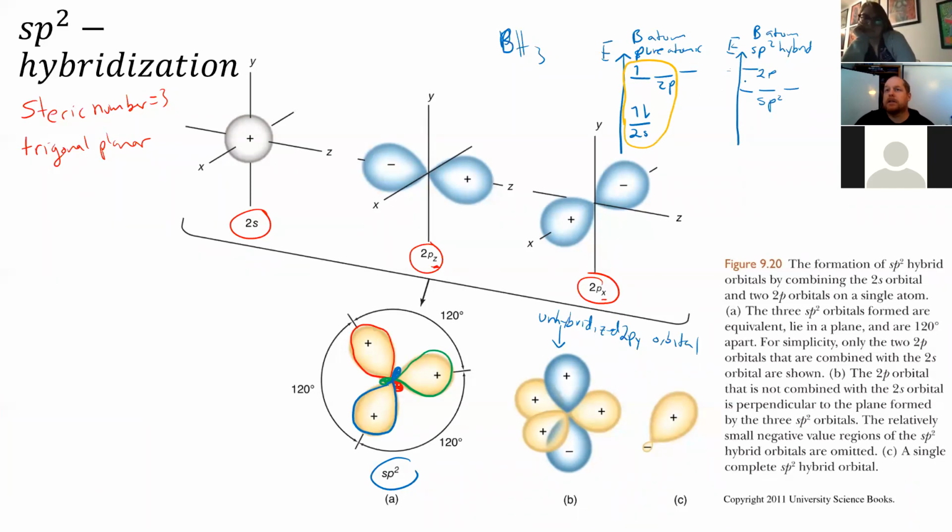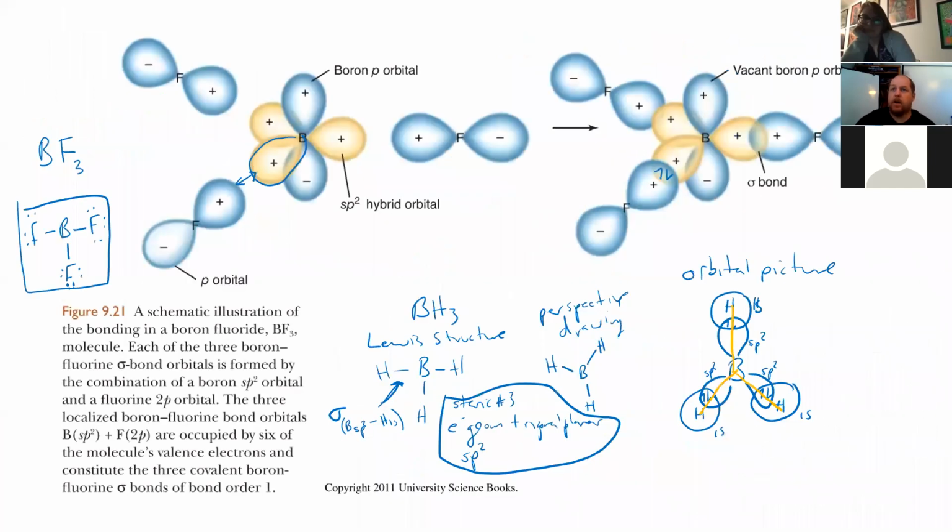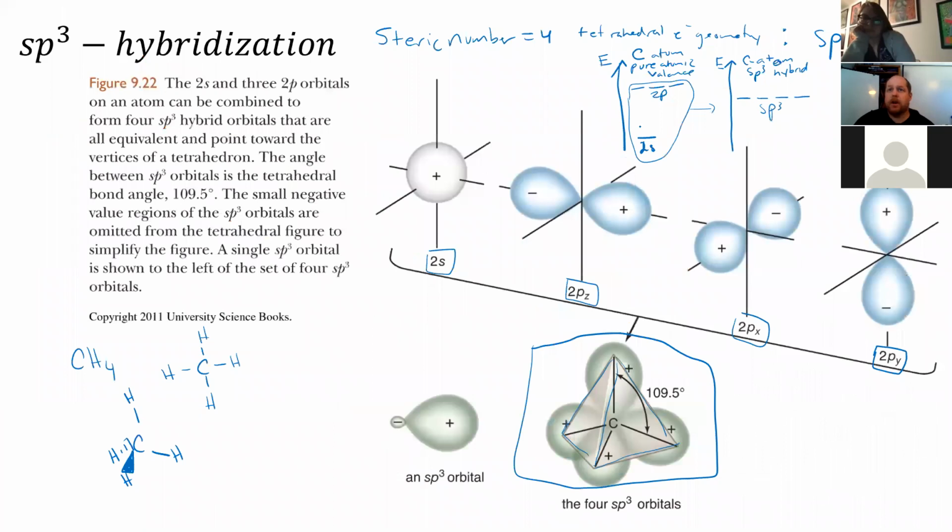Now I have 3 electrons that I can place in here. There's 1, 2, and 3. And those 3 electrons are in these sp2 hybrid orbitals that will combine with the bonded atoms to form the bonds with, say, the hydrogen around it. Okay, if I think about a carbon atom, carbon has 1, 2, 3, 4 valence electrons.